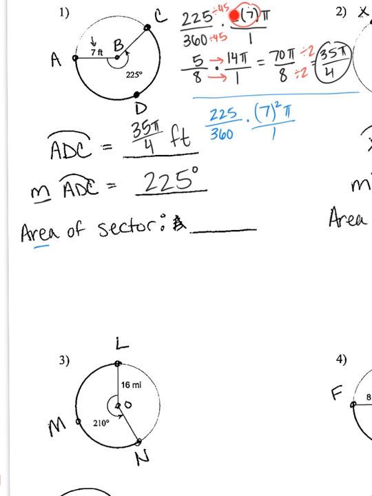It's basically the exact same thing, except for 7 times 2, we're doing 7 squared. The nice thing about that is we've already reduced this fraction once, so we already know it's going to reduce to 5/8. That's awesome. And then 7 squared is going to give me 49 pi. And then we're ready to go ahead and multiply straight across.